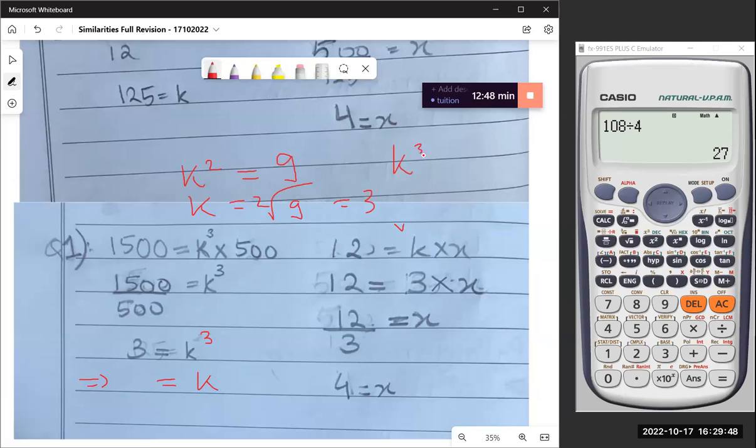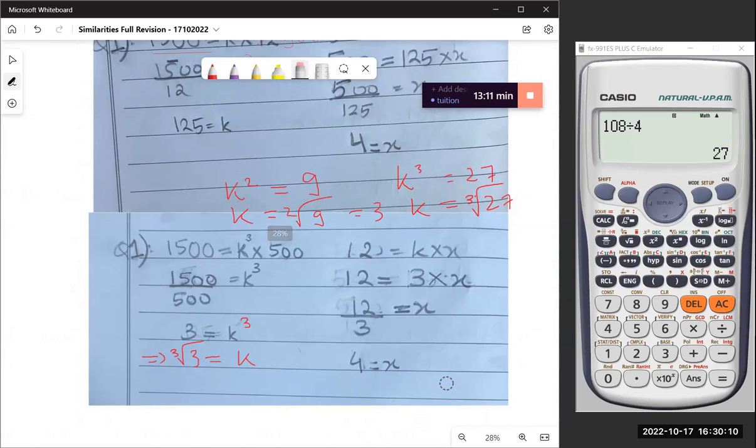If k cube is equal to 27, then k will be cube root of 27. Similarly, what will we do here? It is the cube root of 3. Now you know k. Now put this k over here, and then you'll get the exact answer.